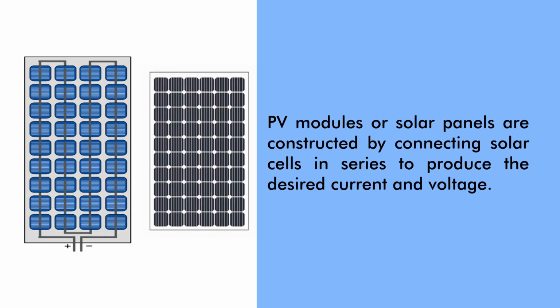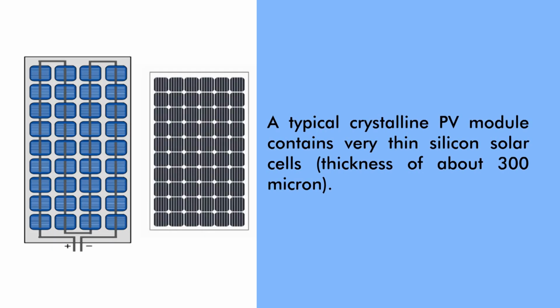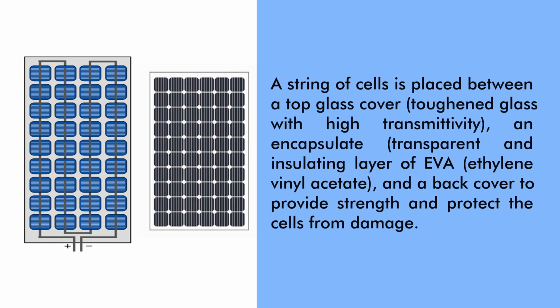PV modules or solar panels are constructed by connecting solar cells in series to produce the desired current and voltage. Photovoltaic panels are available in a variety of sizes and shapes depending on the desired power output. A typical crystalline PV module contains very thin silicon solar cells. A string of cells is placed between a top glass cover with encapsulant and a back cover to provide strength and protect the cells from damage.